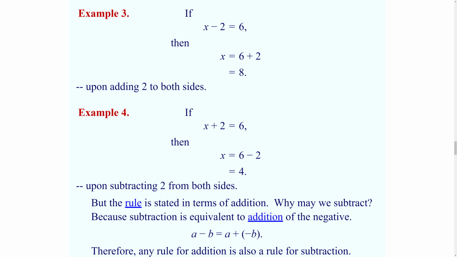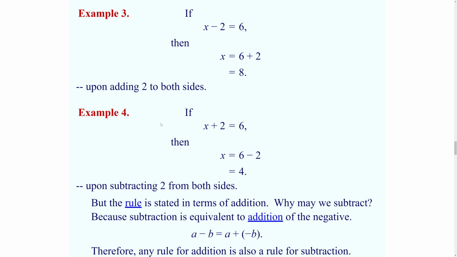If we apply the additive inverse to negative 2, we can undo this operation. And similarly, if we add 2 to the 6, then we get x equals 6 plus 2, which equals 8, upon adding 2 to both sides. That seems a bit confusing to explain without pen and paper, but all I did is add 2 here to cancel this negative 2 out, and I added 2 to 6 to produce 8.